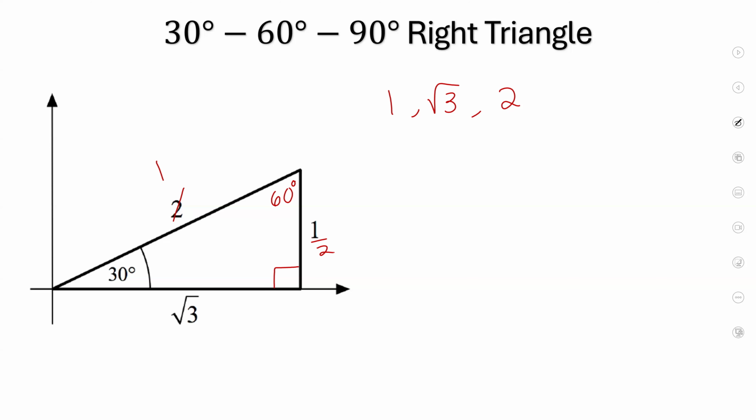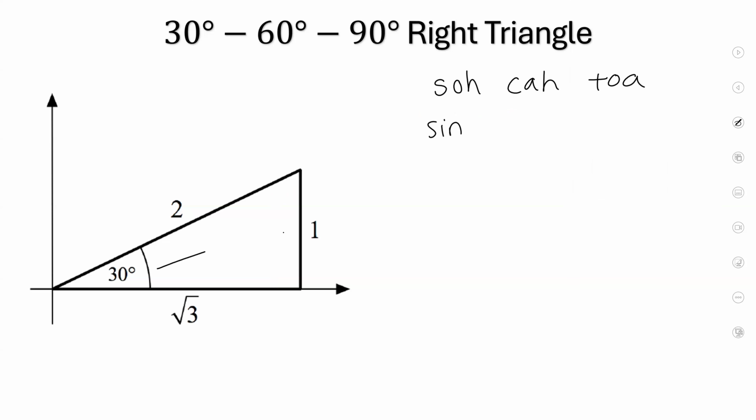Okay? So if these are my ratios, let's talk about sine. Remember, SOHCAHTOA. Sine is the opposite, which is always going to be the y value over the hypotenuse, which is your radius, 2.